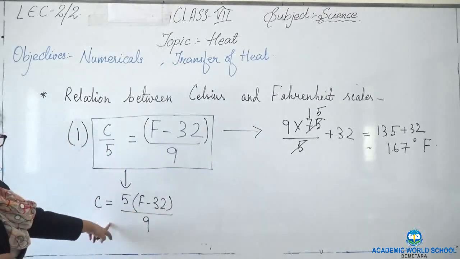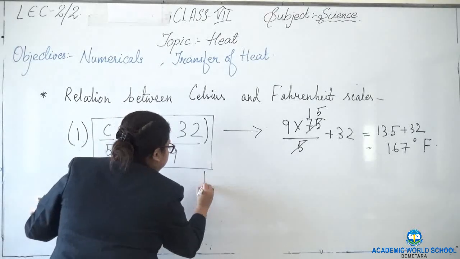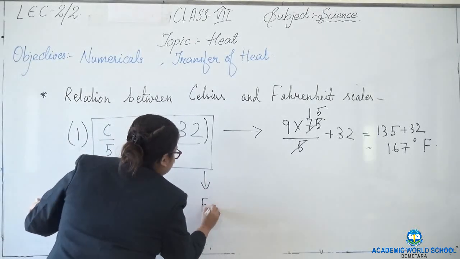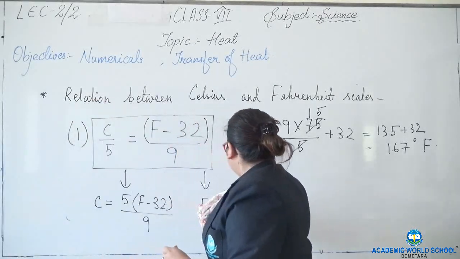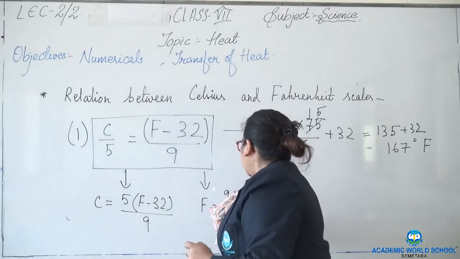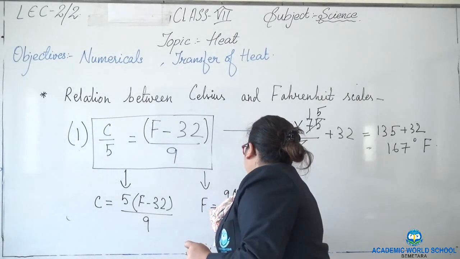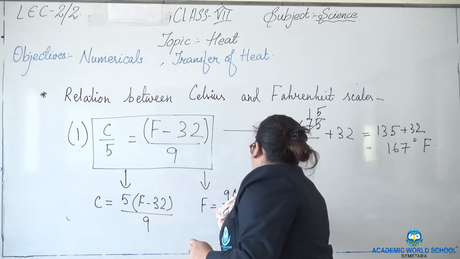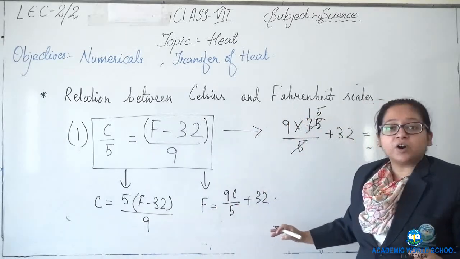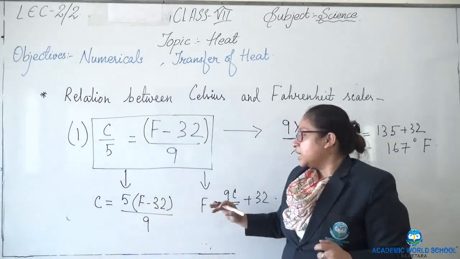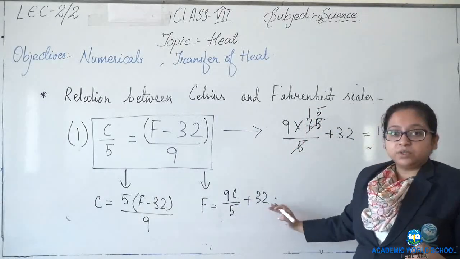From here I get the value of C. And from here I get the value of F is equal to 9C by 5 plus 32. These are my 2 formulas where C is equal to this and F is equal to this.